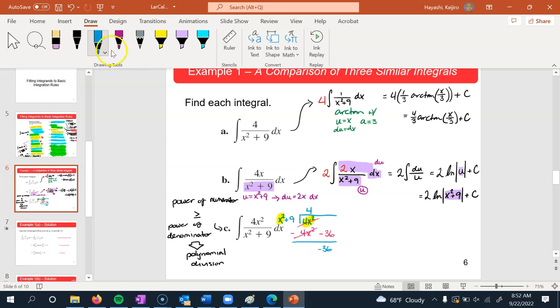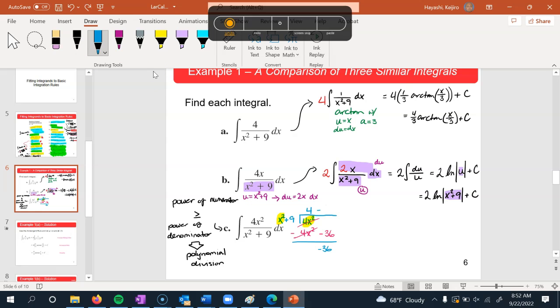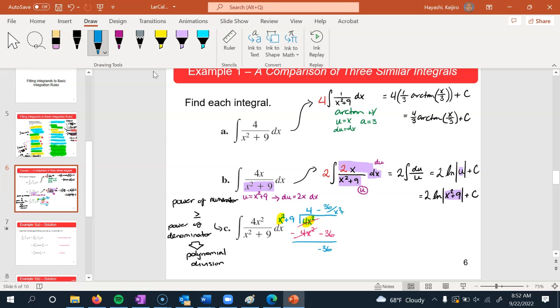And so now, because it's a remainder, it has to be written as whatever it is, divided by x squared plus 9. Because we can't actually divide x squared plus 9 into it, so the best that we can do is set it up as a fraction where it's 36 on top and it's being divided by x squared plus 9, even though we can't actually perform that division.